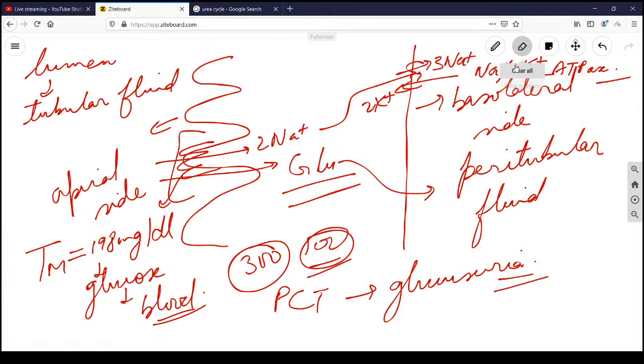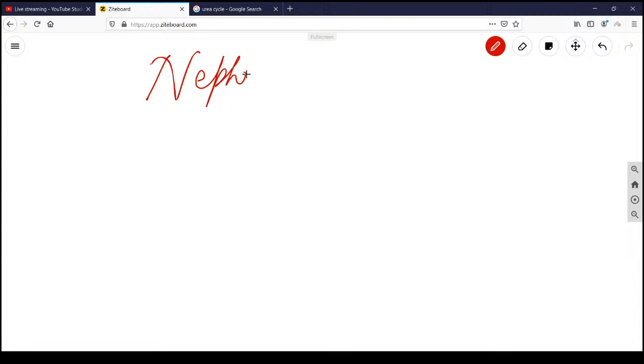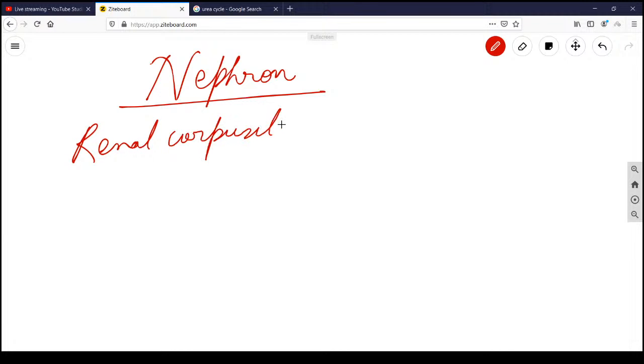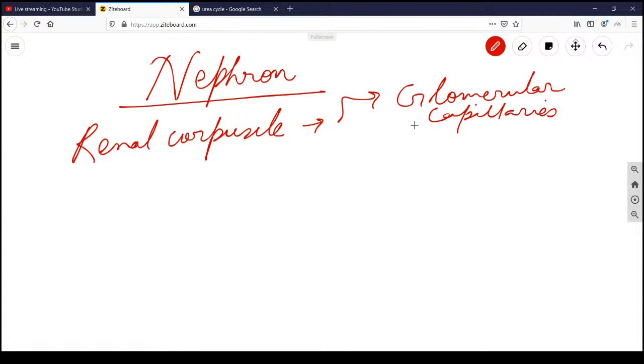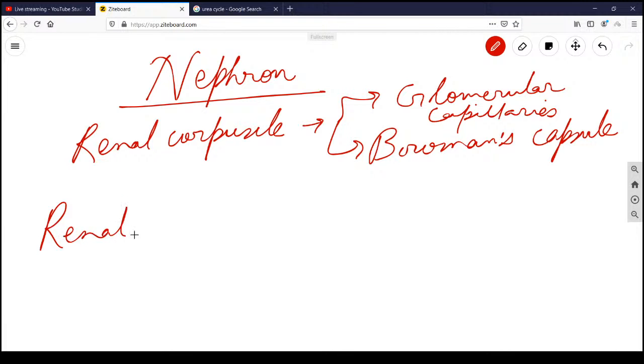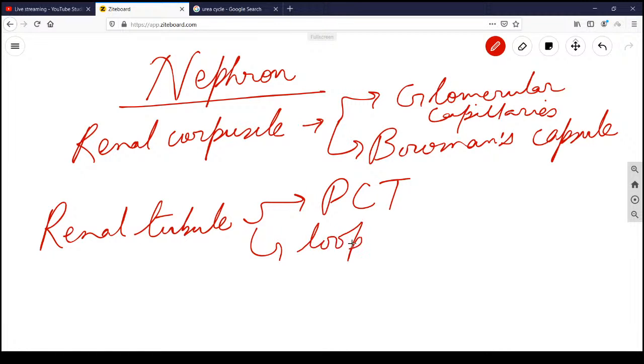A nephron has the following parts: the renal corpuscle, that is the glomerular capillary and the glomerular capsule, also called Bowman's capsule, then the renal tubule, which has the proximal convoluted tubule, then the loop of Henle, then the distal convoluted tubule.